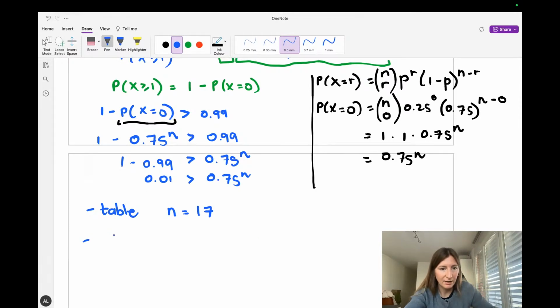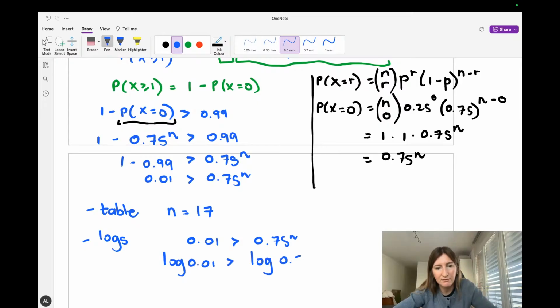Just quickly, because I'm aware of the time, there are other methods. So let me go through that. We can use logs, solving by logs. So 0.01 less than 0.75 to the power of n. And we just solve this like a normal log. So apply logs to both sides. Log 0.75 to the power of n.